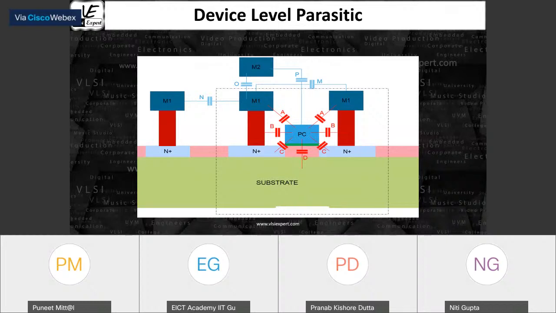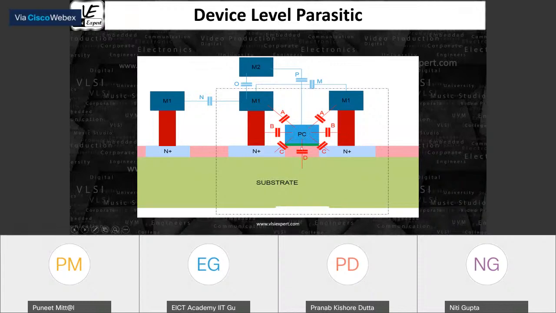In a device level, these are basically the different types of capacitance, and the tool can calculate this particular part. So in the lower technology node, you can see how many different capacitances are there. There are capacitances with the PC, which is the gate.